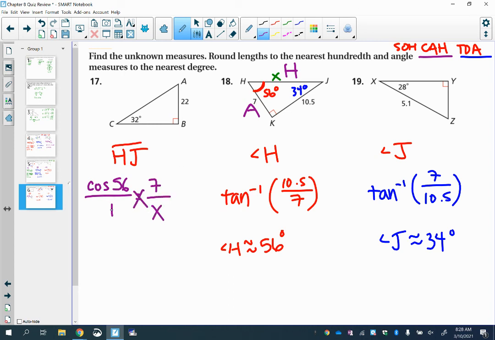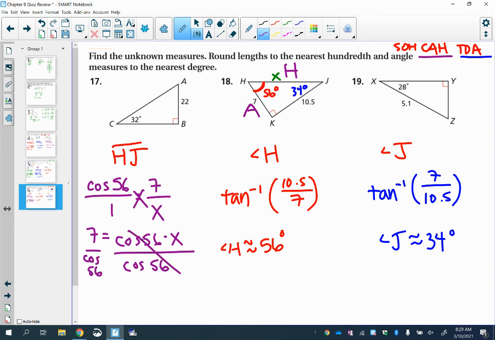I'm going to cross multiply, start by doing 1 times 7, which is 7, and then cosine 56 times X. To finish this, I just divide by cosine 56 on both sides. Sorry, I have a little less space over there.